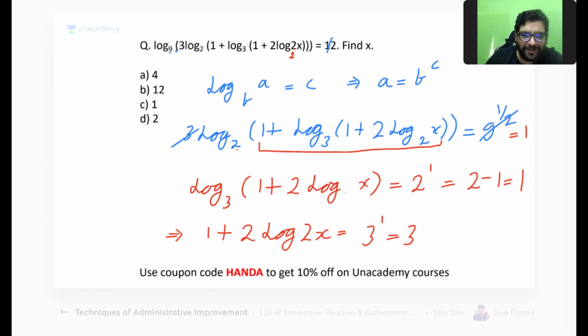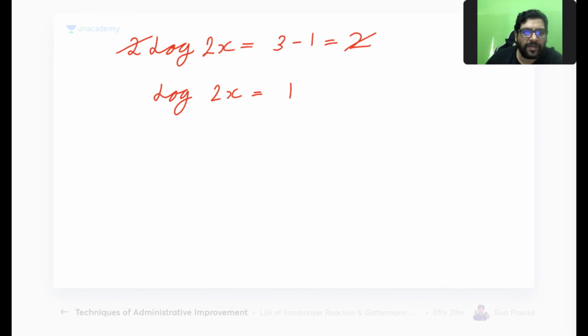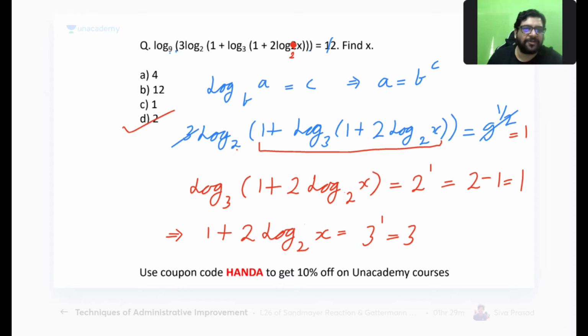They don't get copy pasted properly. This is x to the base 2. So this is log x to the base 2, which means x is 2 to the power 1 or 2, which is given to me as option D.